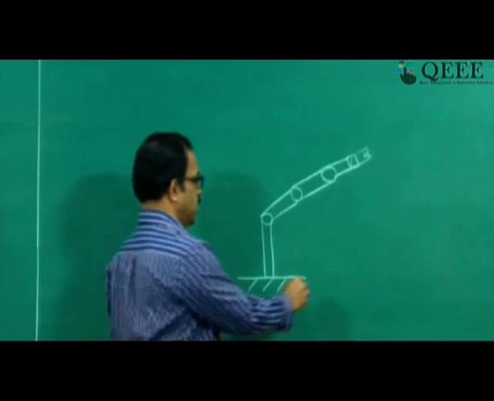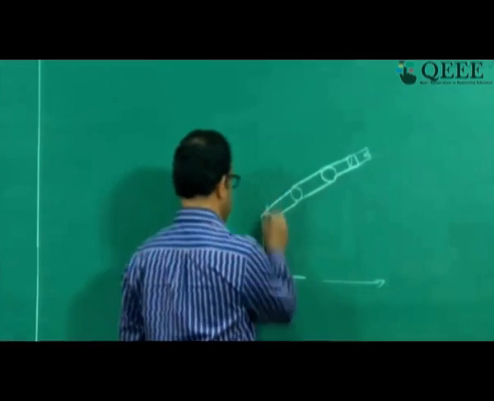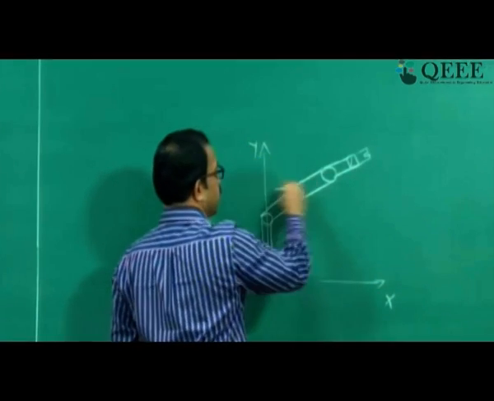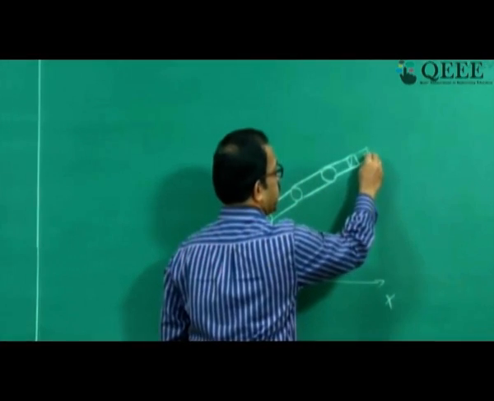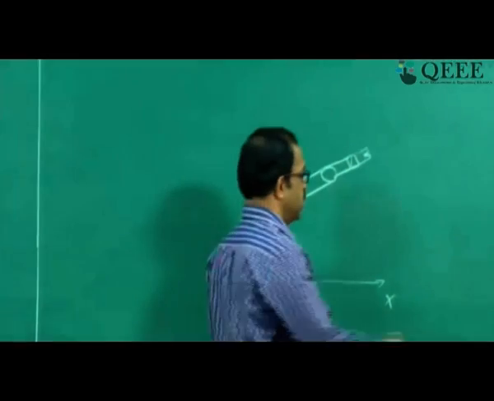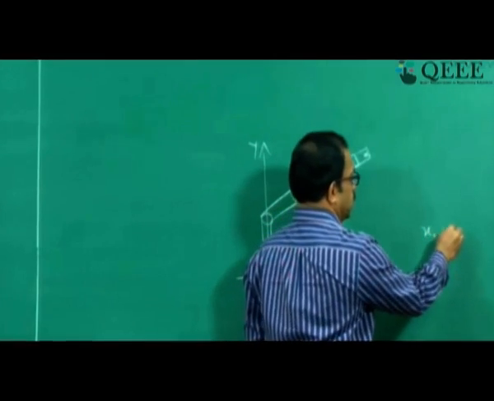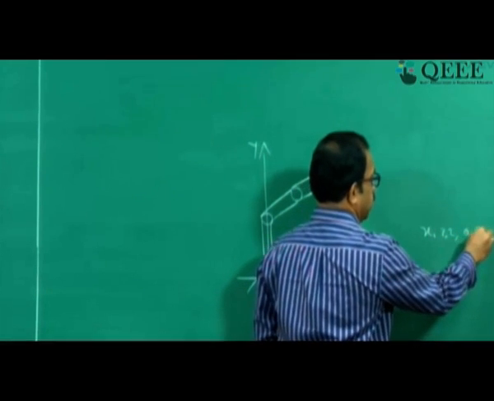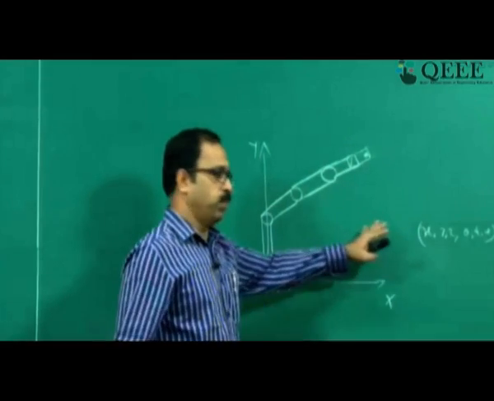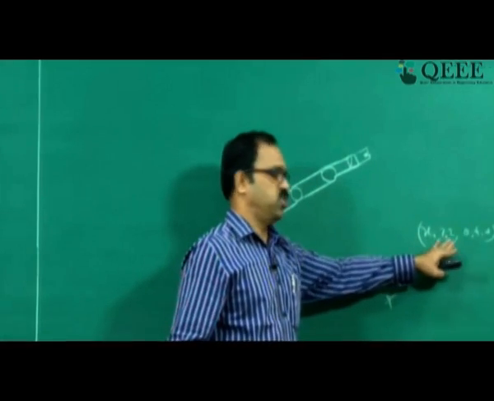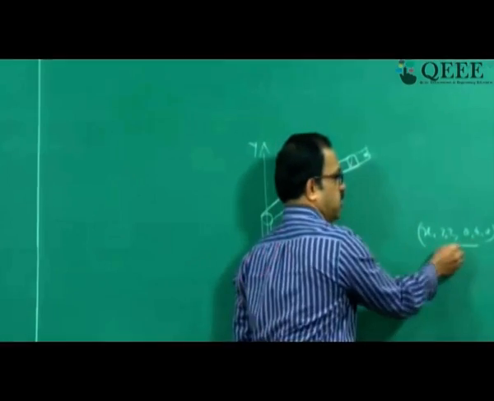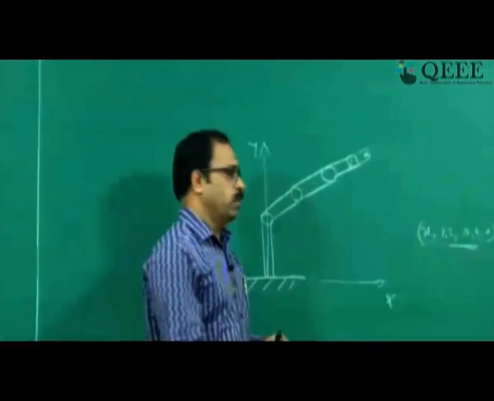We call this the manipulator in three-dimensional space. If you have the coordinate frame, we can specify the position and orientation of this tooltip in the three-dimensional or Cartesian space with x, y, z and theta, phi and psi, the pose parameters, position and orientation. This is known as the Cartesian space coordinates of the robot.